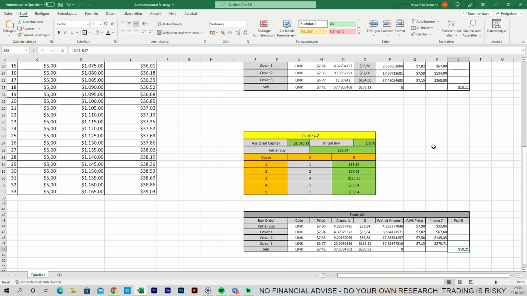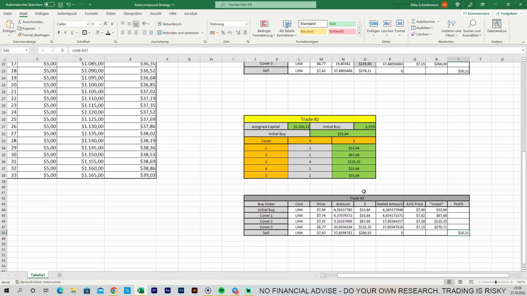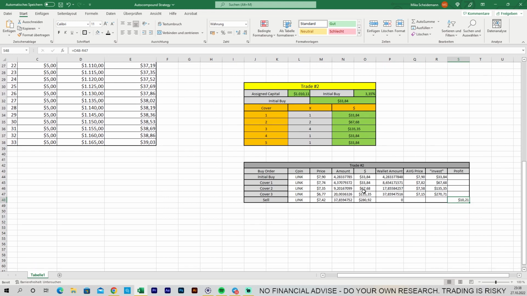So we see we make bigger profits the next trade with auto compounding, and that's just 2 trades. Now multiply this with, let's say, 100 trades, and you know where you get to. You will make substantially more amounts of money with auto compounding in the long run. For the first couple of trades, first couple of months, maybe even first couple of years, you will not recognize it.